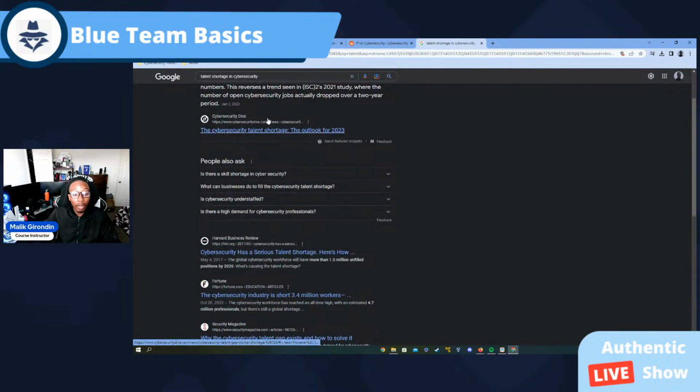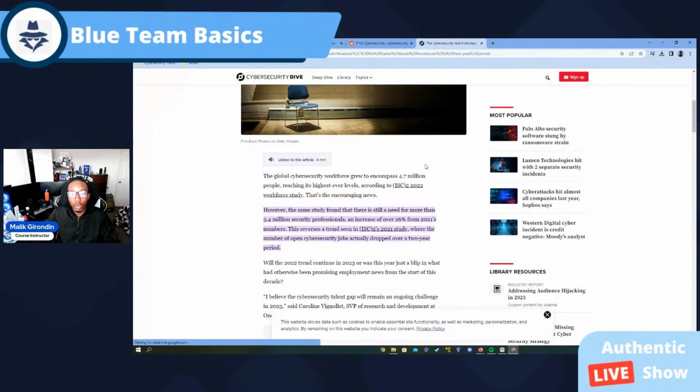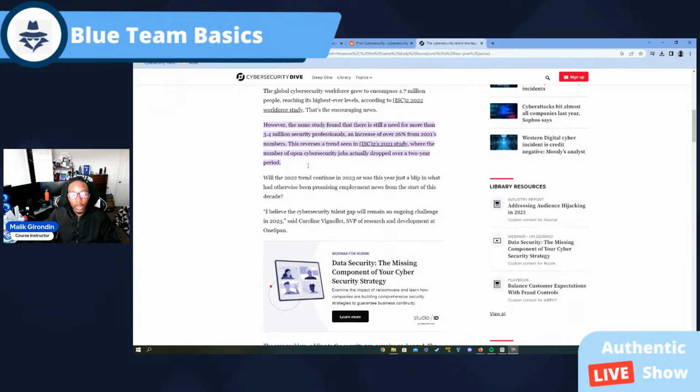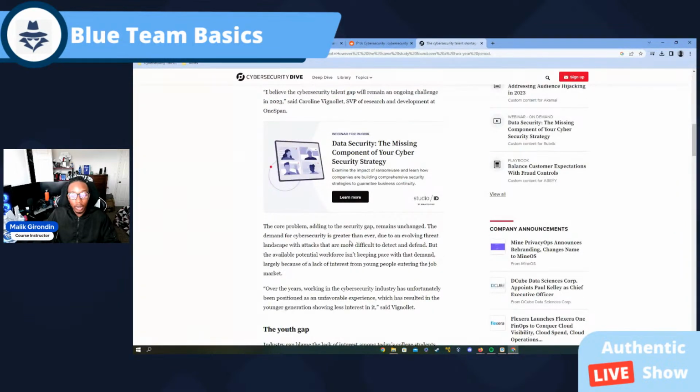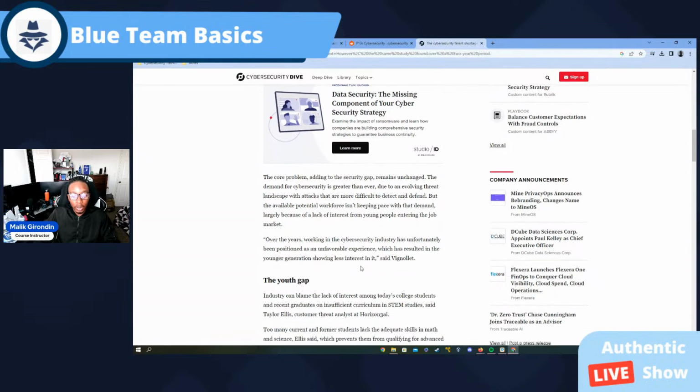Now, the reason I believe they're doing that is they're trying to find the unicorn, or a high level candidate, because right now there is a talent shortage within cybersecurity. All right, there's a talent shortage. Companies and employers are lacking skilled employees.